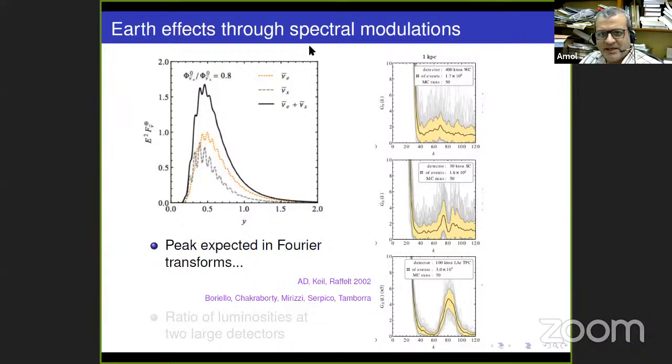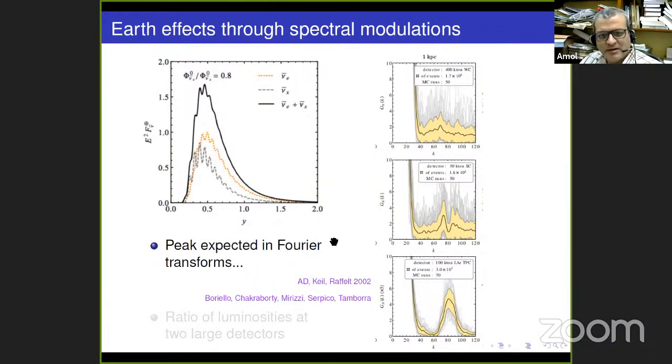For example, if there is a supernova which happens very close, let's say at 1 kiloparsec from us, then not so much in the water Cherenkov, which is the top figure, or in scintillator, which is the middle figure, but in the liquid argon TPC detector, these authors have shown that for a really nearby supernova, one may be able to see such a peak in the Fourier transform for these oscillation frequencies.